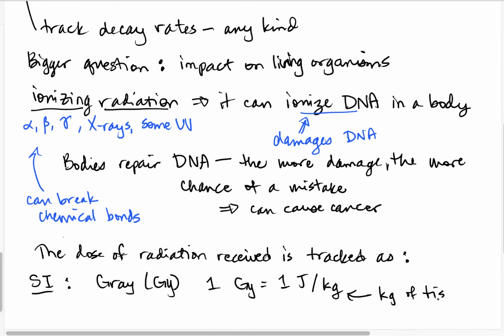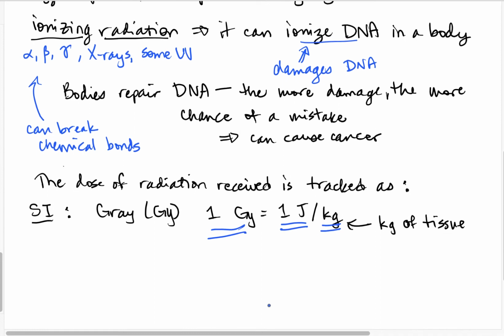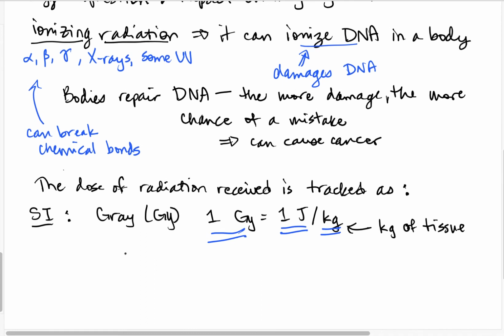So, if we were looking at you and your body and you had just gotten a dental x-ray, then we would look at the joules, what the energy was of that particular dental x-ray, and then we would look at how big the tissue is in your face area that got exposed, and that's how we would figure out the radiation dose that you had received in gray units. But as I said, we don't actually see gray units very often.